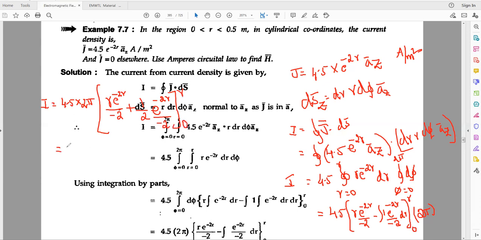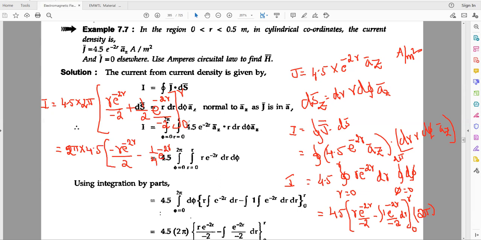That is equal to 4.5 into 2 is 9 pi. After simplification, you can substitute the upper limit: minus r e power minus 2r by 2, and here also minus 1 by 4 into e power minus 2r.